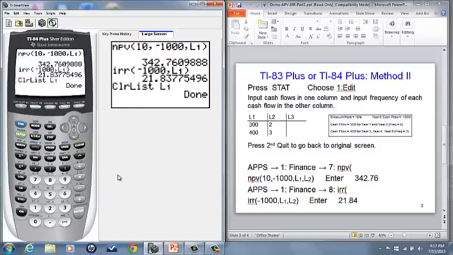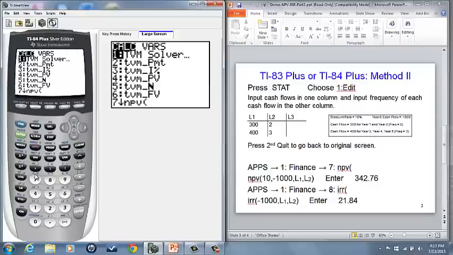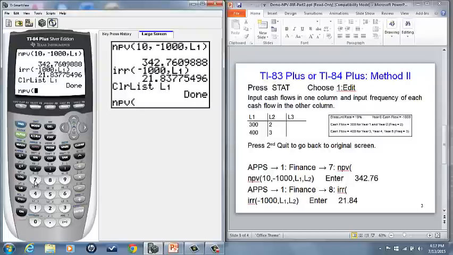To compute the NPV, again, APPS, number 1 Finance, number 7 NPV.